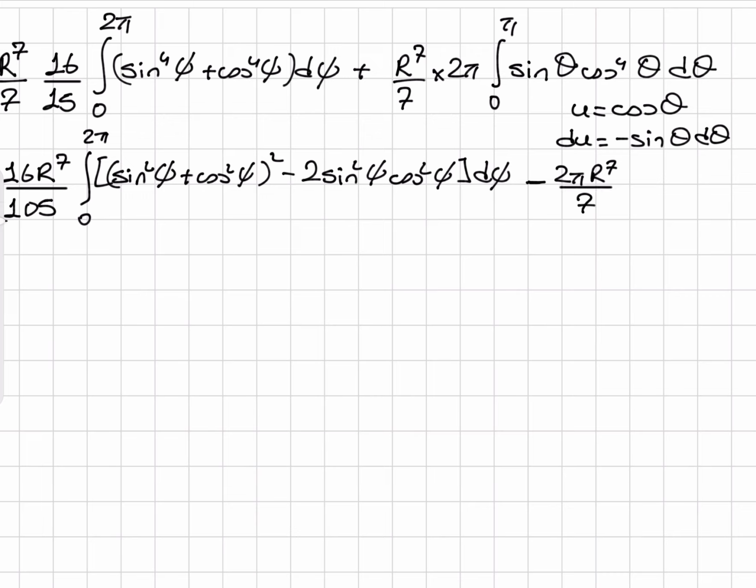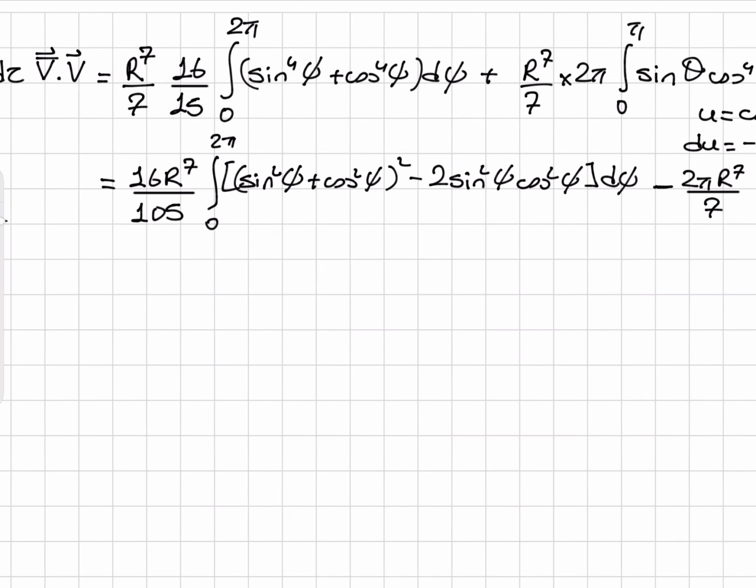And it is now u to 4 d u, u to 5 over 5, cosine to the power 5 theta over 5, which will be evaluated between 0 and pi.